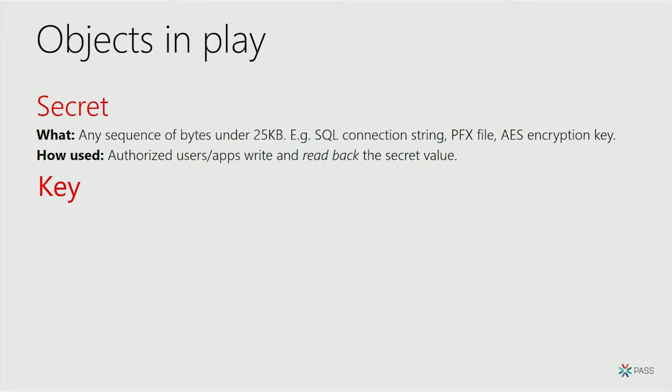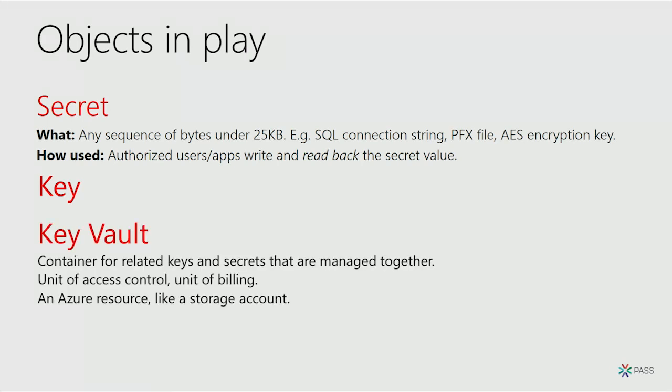You can create a secret for a key, which is what SQL Server uses to identify the application, or sorry, this is the way the Key Vault binds an application to keys. We'll see that in the presentation. And of course the Key Vault itself, which contains as many keys as you want. All of them are managed together, but they don't have to be related to the same application or anything else.